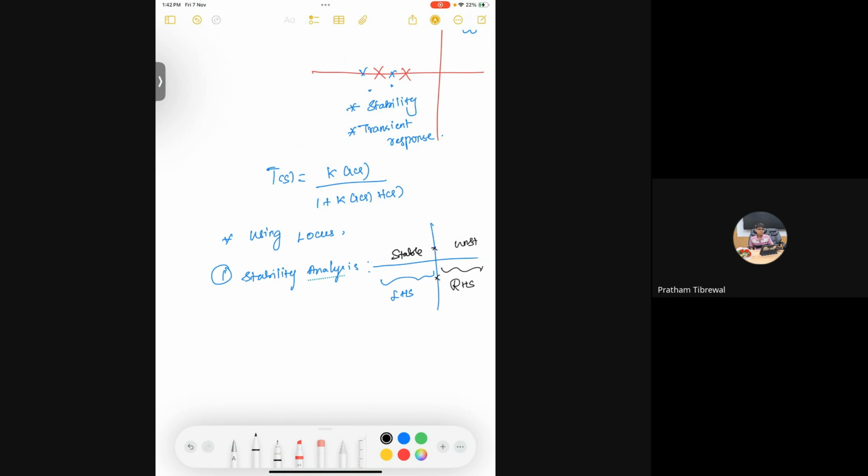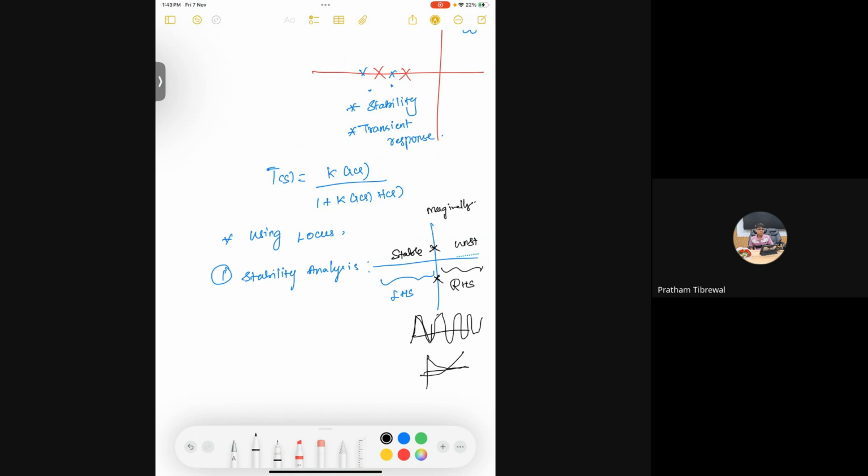When it lies on the imaginary axis, we call it marginally stable because this exhibits an oscillatory behavior that might change to either stable or unstable behavior based on the next gain change or any perturbation we give to that system. So this is equally dangerous as unstable. Unless we maintain that gain or all the parameters constantly, this will exhibit an oscillatory behavior or fall into the stable or unstable region so easily.